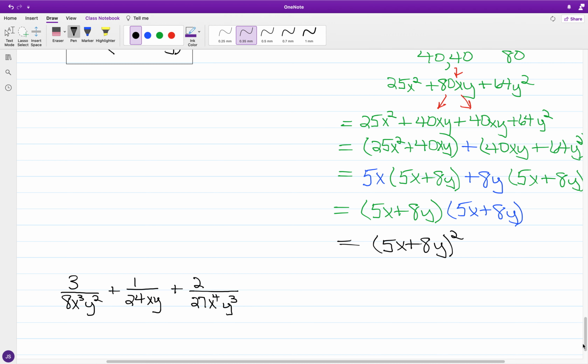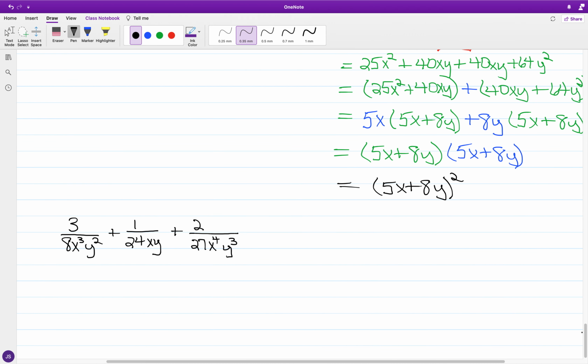Now if I'm looking for the least common denominator, so I have these various expressions in x and y. So we've got 8, 24, and 27.